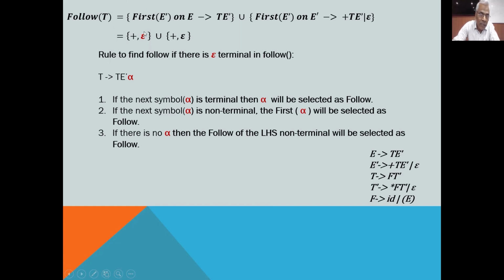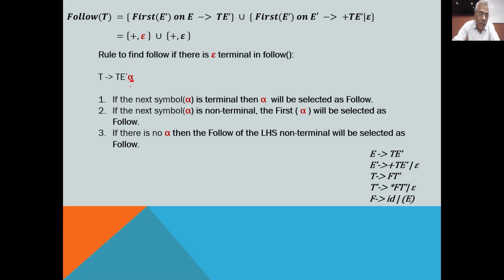So how can we remove this null symbol? Suppose to get this terminal we use this production T to TE dash alpha. And if we are finding the follow of E dash, then we check the next symbol. If the next symbol alpha is a terminal, then alpha will be the follow of this E dash.